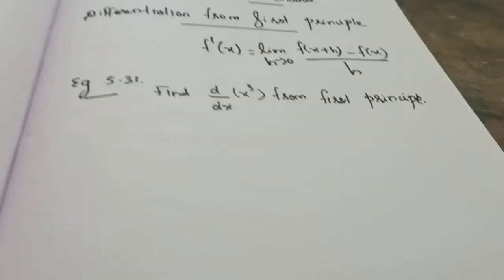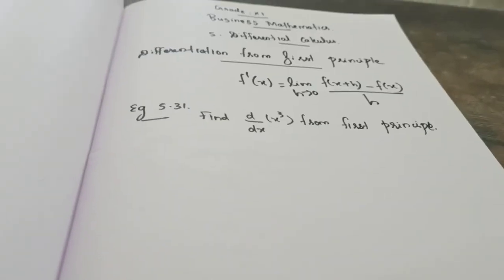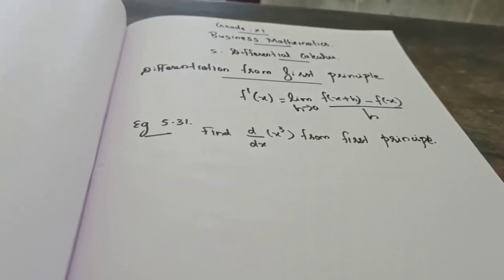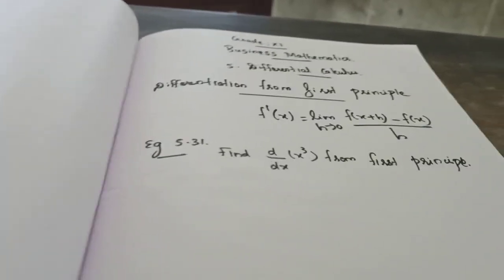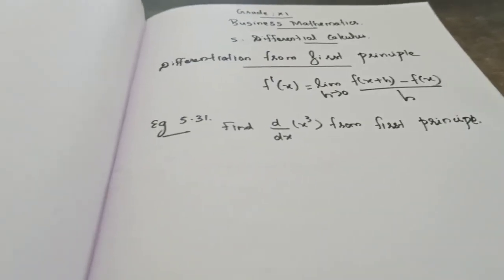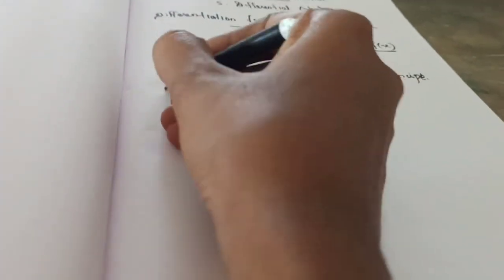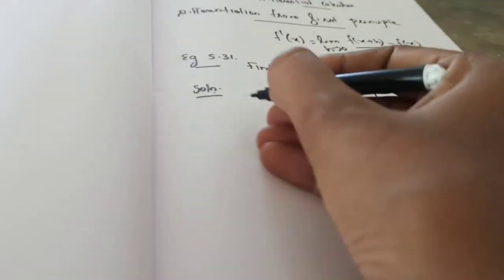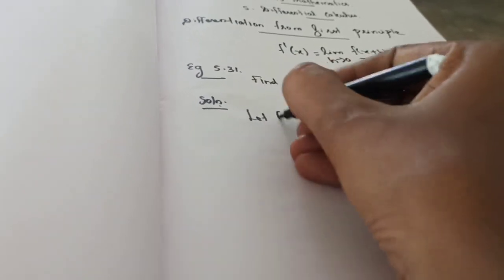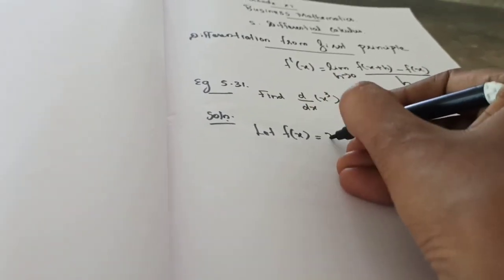What's the question? Find d by dx of x cube from first principle. We will use first principle here. Okay, so I am considering this as f of x. So solution: let f of x is equal to x cube.